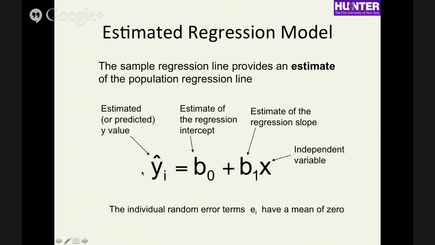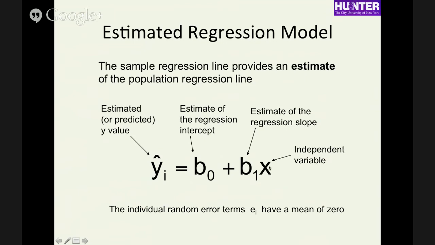Now, for the sample, we're going to estimate a regression model that will look like this. So we will have coefficients b0 and b1, the intercept and the slope.